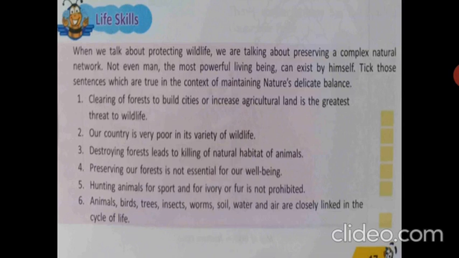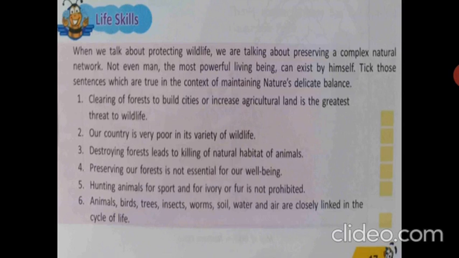So we will take the sentences which are true in the context of maintaining nature's delicate balance. Let's take the first: clearing of forests to build cities or increase agricultural land is the greatest threat to wildlife. Should we do it or not?